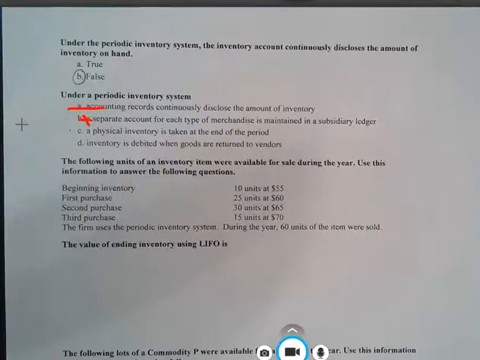because the subsidiary ledger doesn't really help us all that much under a periodic system.